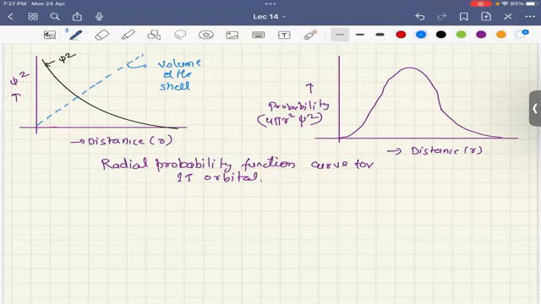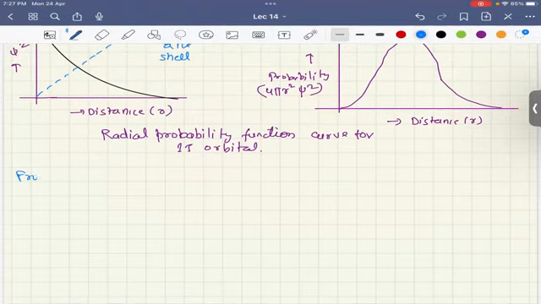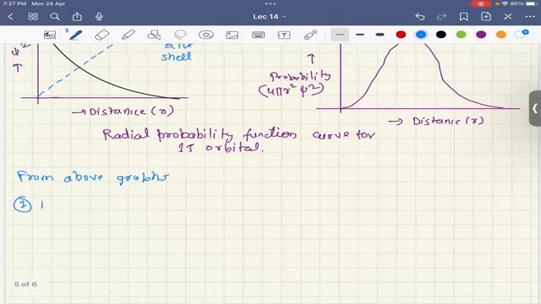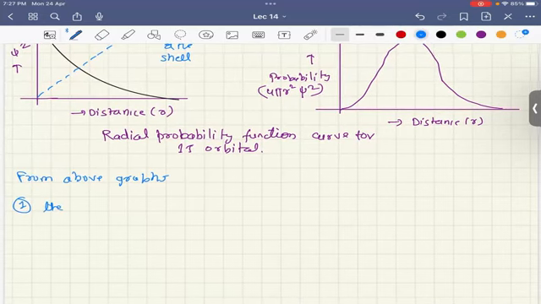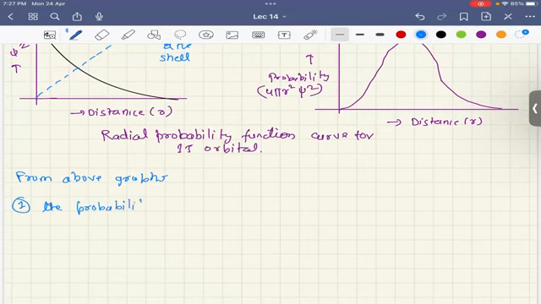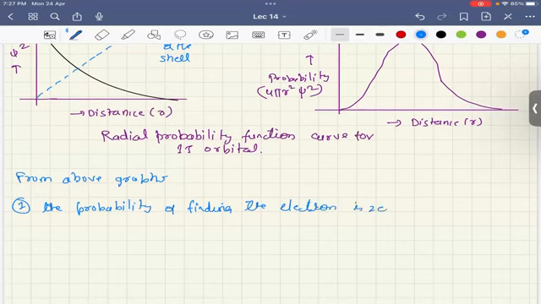So from the above graph, what conclusion we can draw is the graph shows that the probability of finding the electron is 0 at nucleus, right?